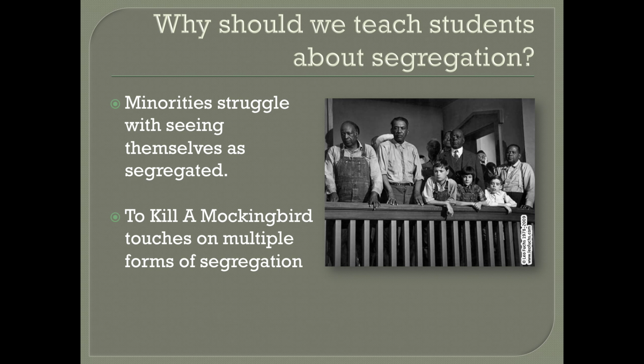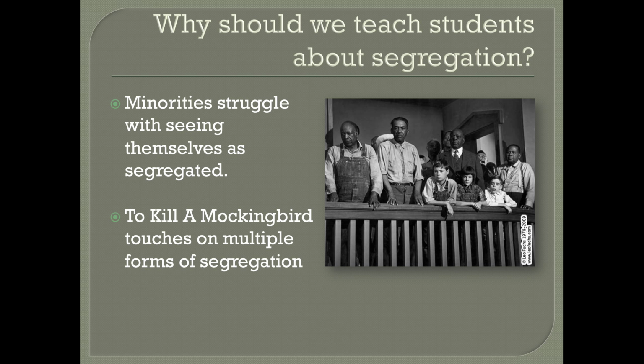Why should we teach students about segregation? Well, minorities struggle with seeing themselves as segregated. Julie Mabey wrote that sometimes they don't even understand how basic things like Band-Aids tend to be made for people with Caucasian skin, how minority segregation is built into the U.S. culture, and they just see that that's just the way it is.